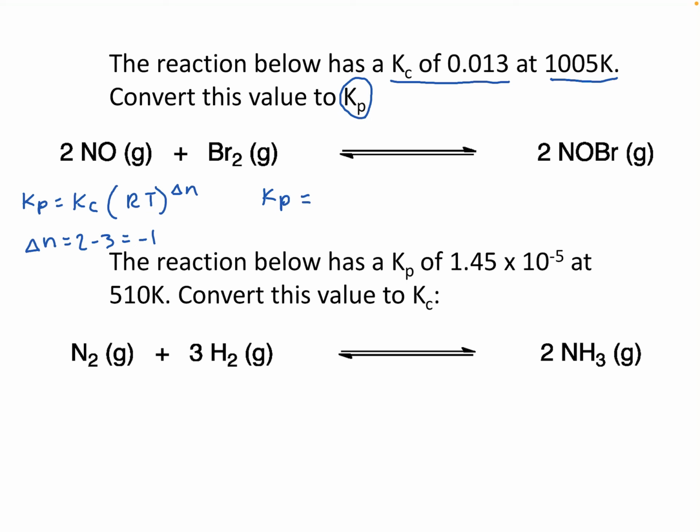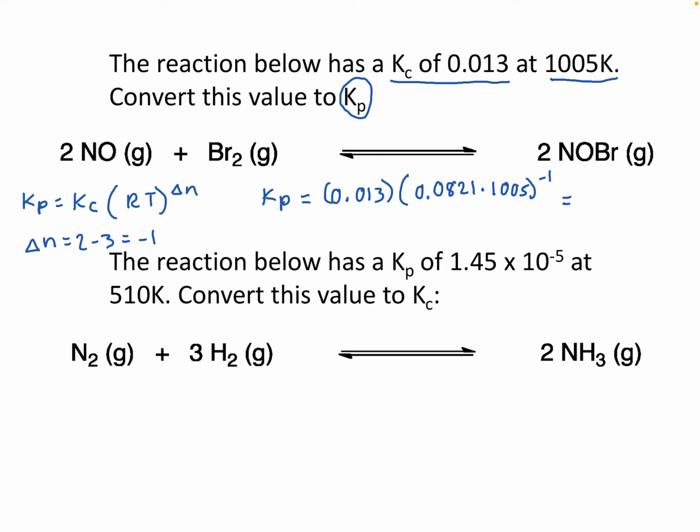Make sure you're only counting things in the gas phase, because the only ones we need to follow the protocol for converting molarity to pressure for are things in the gas phase. Okay, so let's plug in what we know, and we should be able to solve. Kp equals Kc, which is given as 0.013, times (RT)^-1, so 0.0821 times the temperature 1005, and that portion is raised to the -1 power.